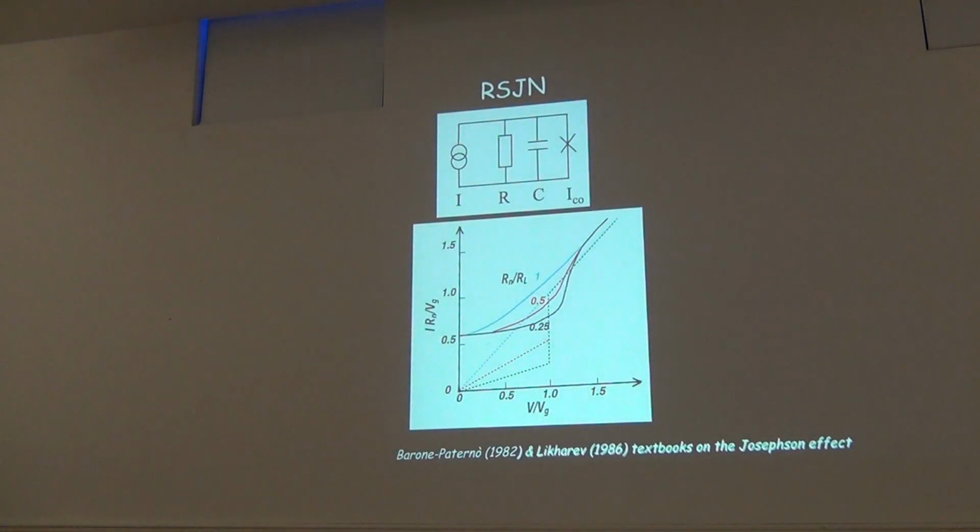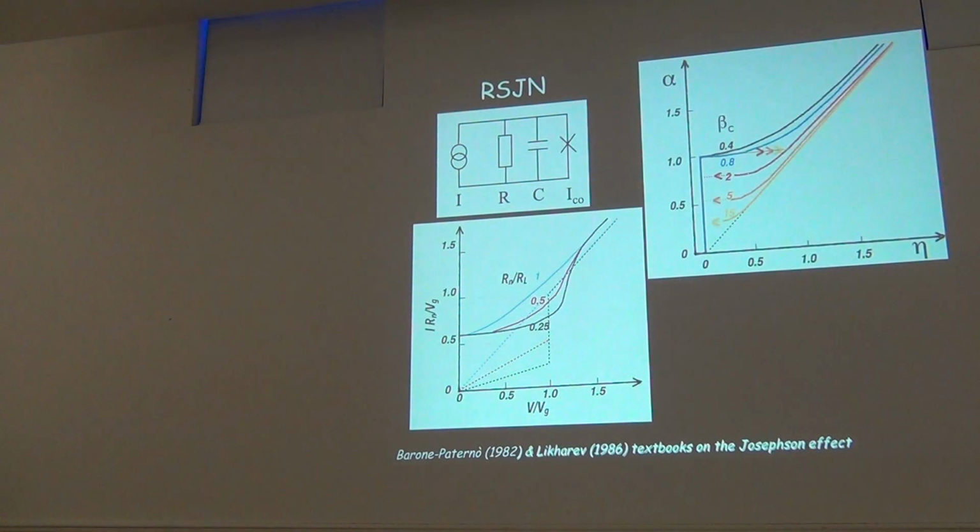So what should also be kept in mind is that this RSJ junction model has really been developed in so many different ways that basically all IV curves, of whatever device, are described by changing the capacitance or whatever.